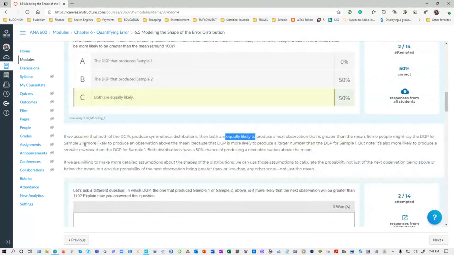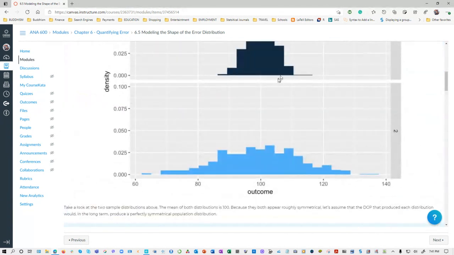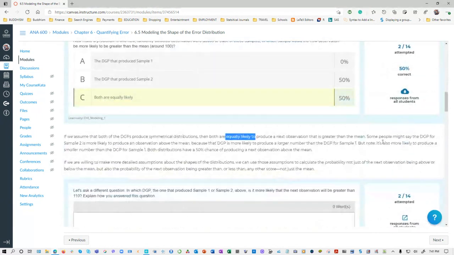If you assume both data generating processes produce symmetrical distributions, then both are equally likely to produce a next observation that is greater than the mean. Either one will produce a next observation more than 100.